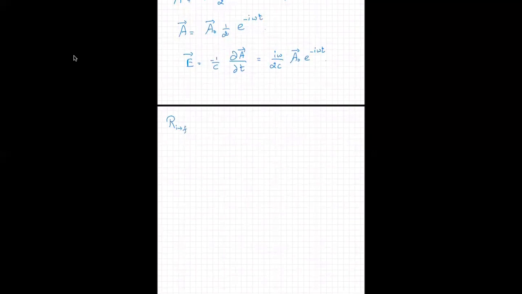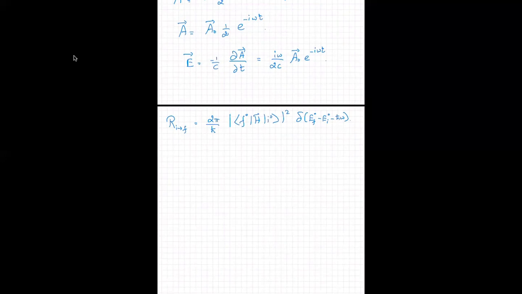Rate of the initial state going to the final state is given by 2 pi over h bar times the absolute value of the perturbing Hamiltonian matrix element between the unperturbed states times a delta function. Okay, so this is what we are looking to understand. So now let us look to understand what is the initial state and what is the final state in this particular problem that we have at hand.